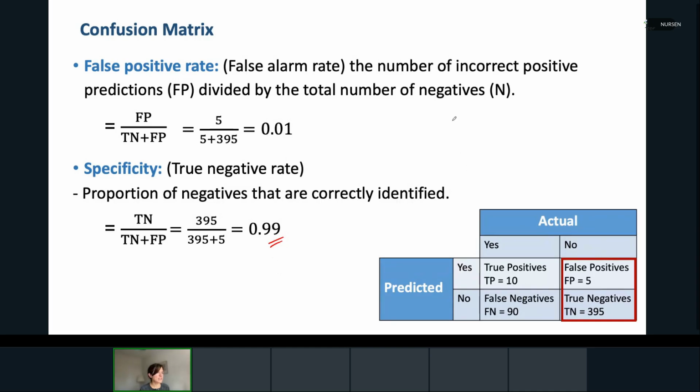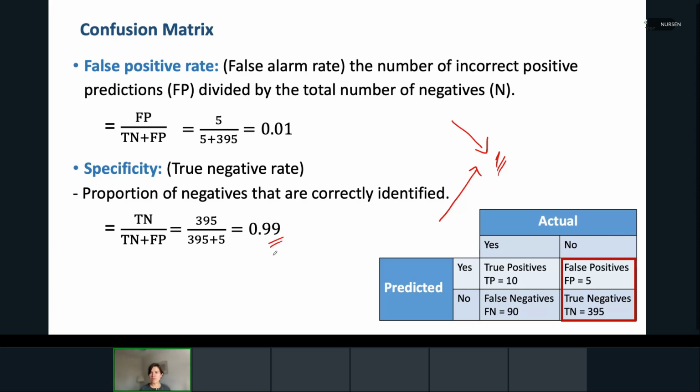And as you may see in here, false positive rate and true negative rate always add up to 1. Okay? If we have a high true negative rate, if we can identify most of the stay customers correctly, that means we are making fewer false positive errors, or we are raising the alarm less frequently. Okay, so these are the 4 main measures we can obtain from the confusion matrix directly.